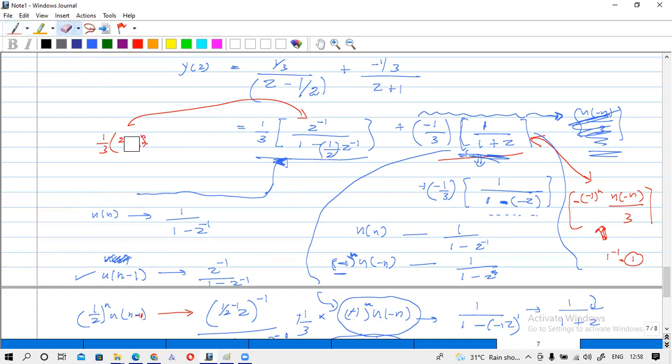There is no change. So I can write this as half n minus 1 u n minus 1. So this is my this part. If you add this one and this one together, you can find the yn, no? So yn is this one plus this one. Is it clear?